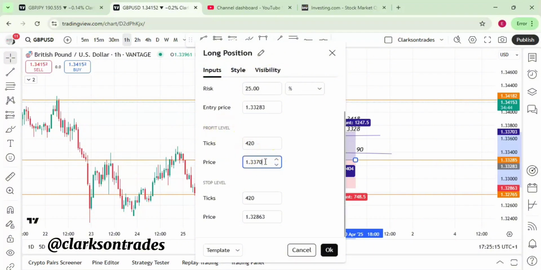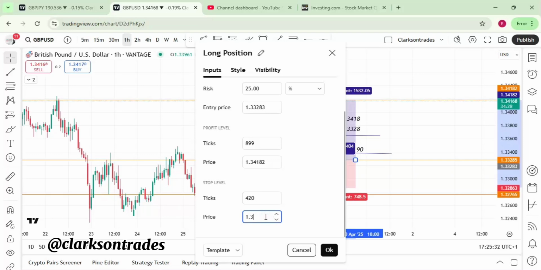If I edit this price of take profit and put the exact price, which is 1.34182, the stop loss price was 1.32765, and the entry price was 1.33285.